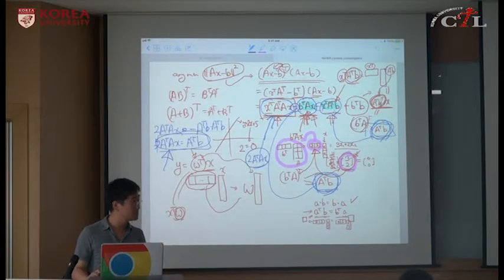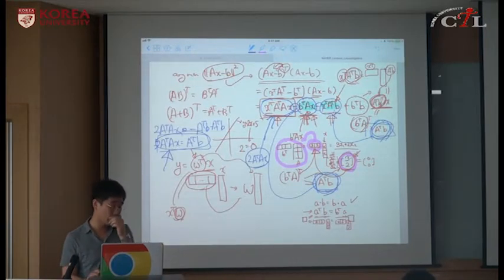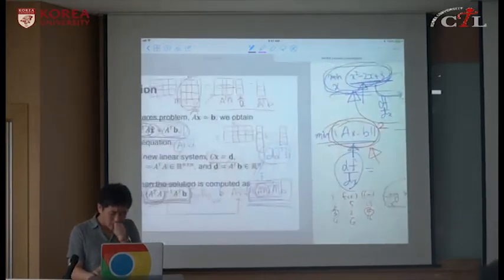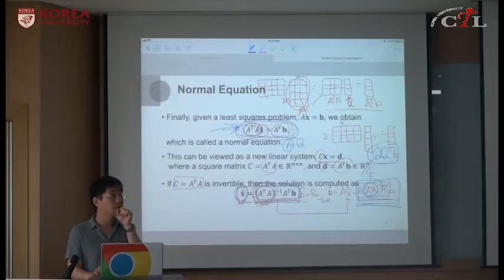So this derivation of the partial derivatives and setting them to 0 is the basic mathematical component for deriving or optimizing neural nets, deep learning, machine learning and so on. Okay, any questions so far?